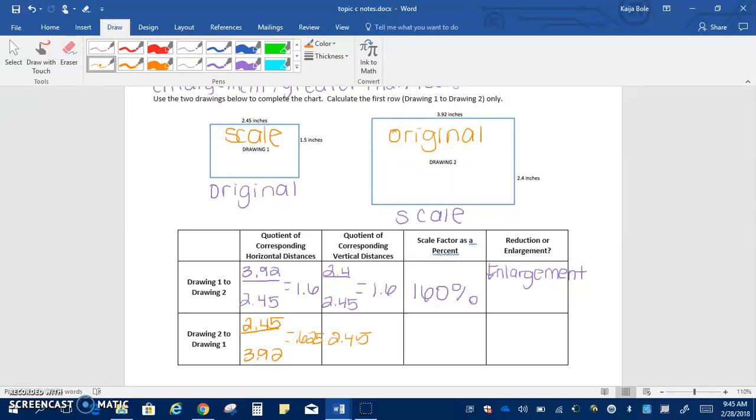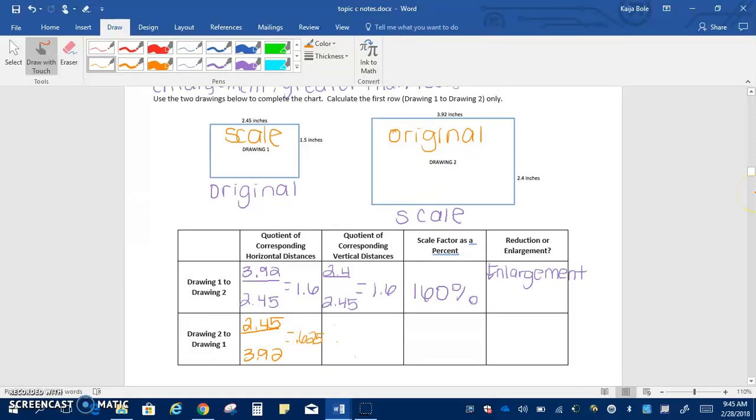If we flip the other one, we would have 2.45 over, oh, I have the wrong number. I just realized I made that mistake. We would have 1.5 here. Let me erase that. That means our other one is incorrect too. That's okay. Let's try this one again.